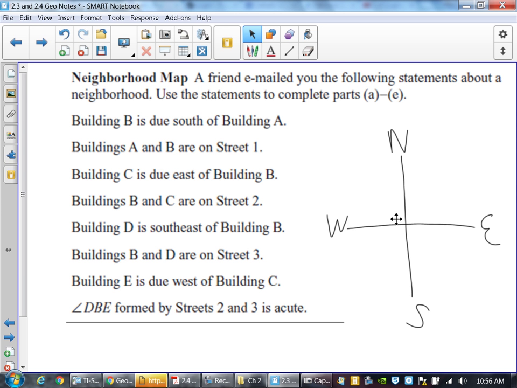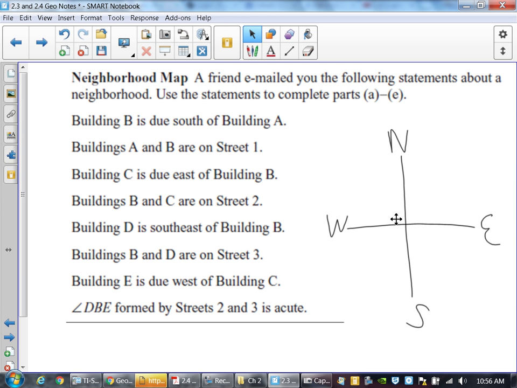We do nautical and airplane bearings trigonometry problems in pre-calc, and we talk about directionality again later on. So if I say building B is due south of building A, where would I put A? Right above. Above B, like that?